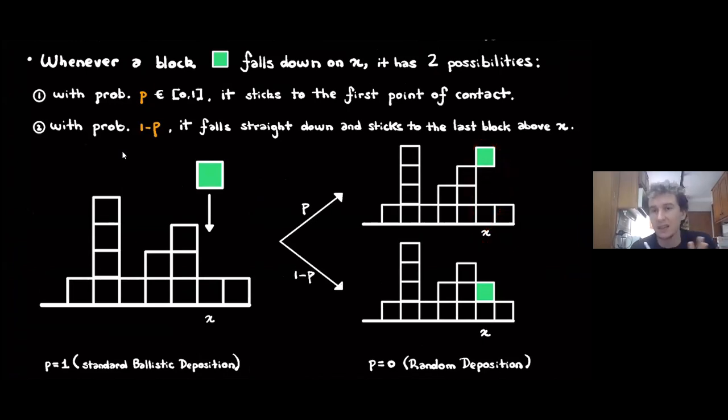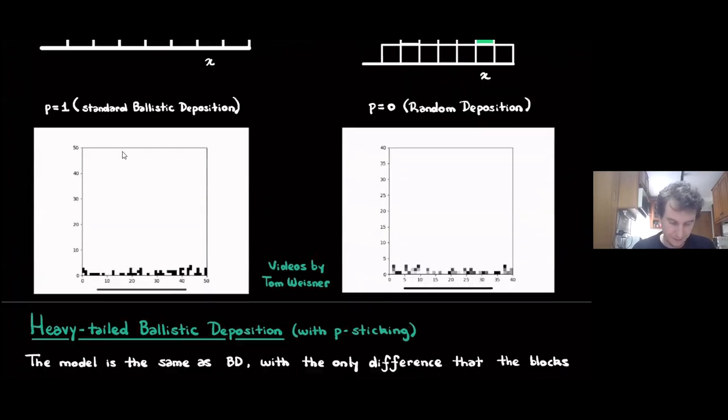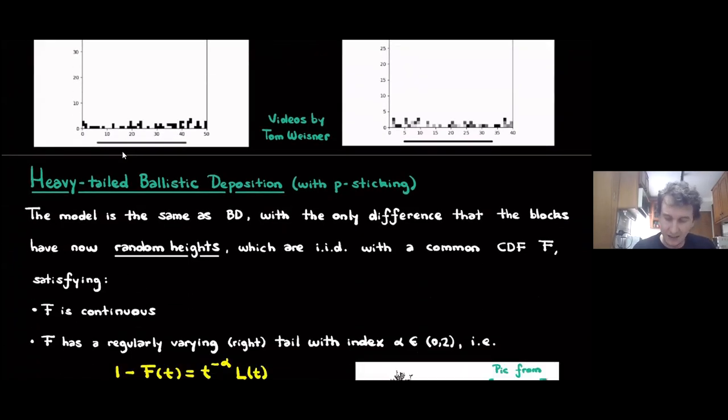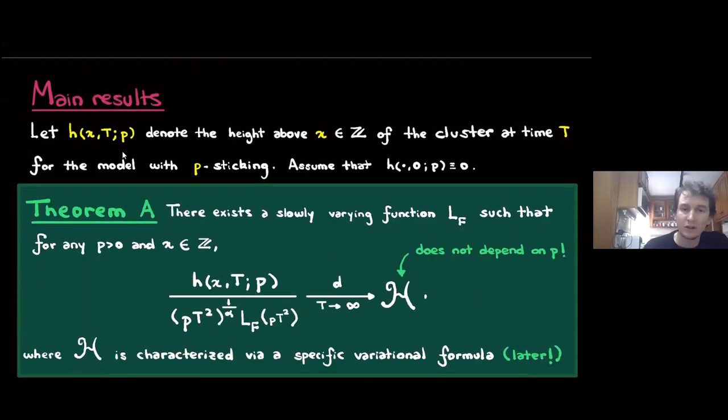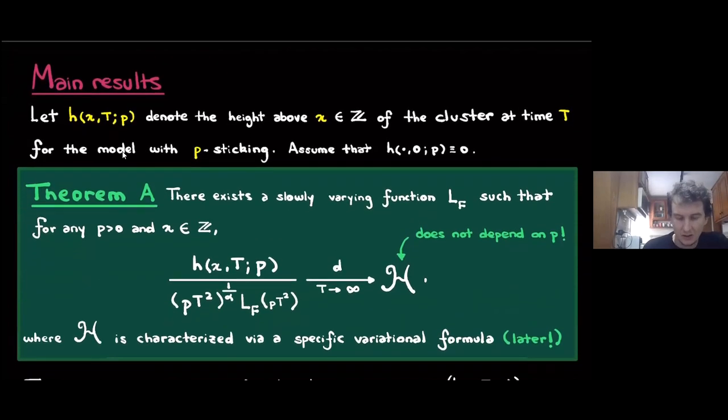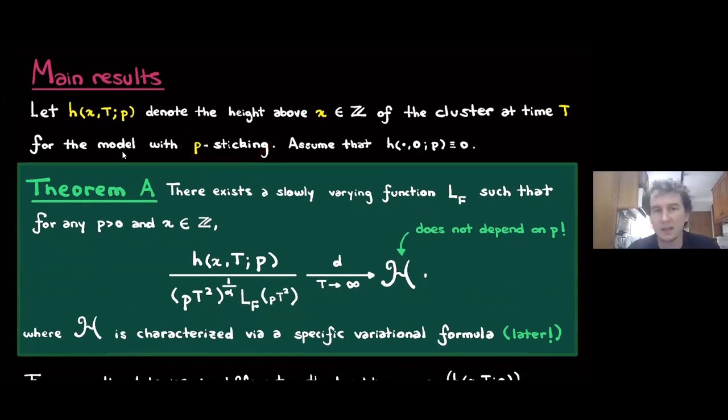Even if it's sticking to a neighboring column, that doesn't matter. So the height of this column above x at time t for the model with sticking parameter p, where the coin is heads with probability p and tails with probability 1 minus p. And furthermore, assume that at time 0, I don't have any blocks. I just have the real line, essentially a flat initial condition.